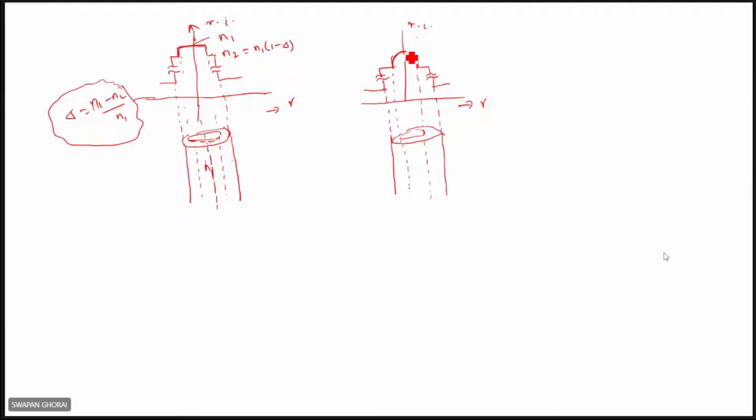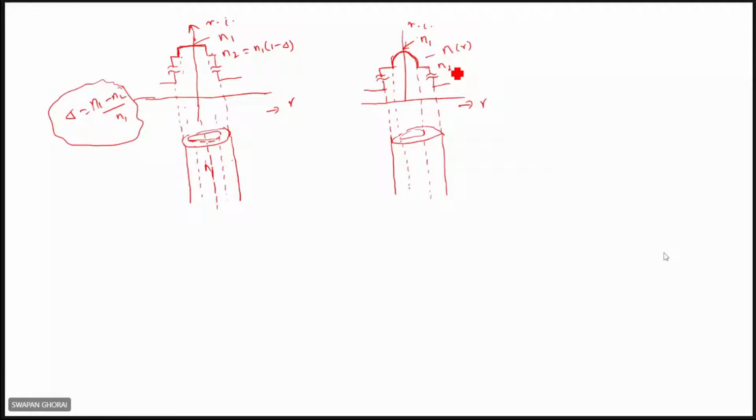So in this case, of course, it is N1 at the center of the fiber axis. But on both sides of the fiber axis, it is a function of R, N(R). It's varying, right? But at the cladding, it is constant N2, that is N1 into 1 minus delta.